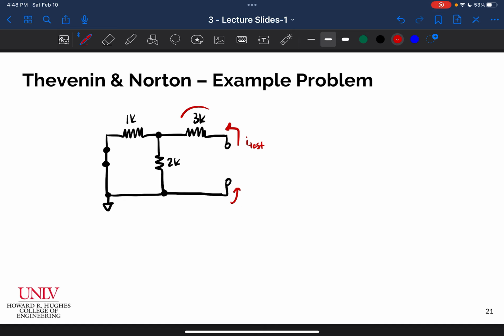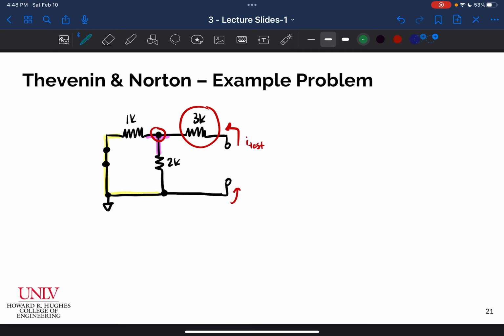And so first, obviously, it would see a 3K resistor, but then it sees a node where it sees 1K and 2K. Well, you can notice, and I hope you do by now, that the 1K and the 2K are in parallel. They share this ground node, and they also share this node pretty obviously. And so because they share two nodes, they have the same voltage across them. Those two are in parallel.